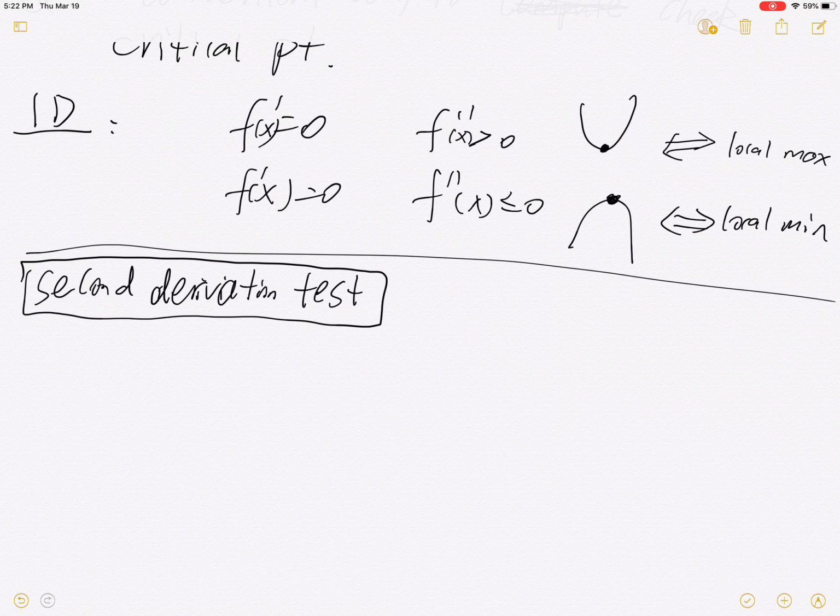So the 1D example tells you need to look for useful information in second derivatives.